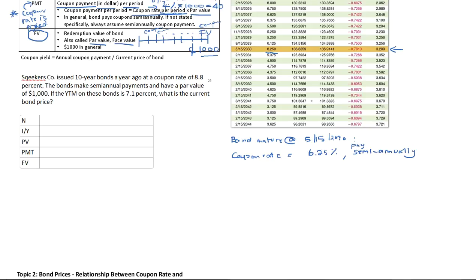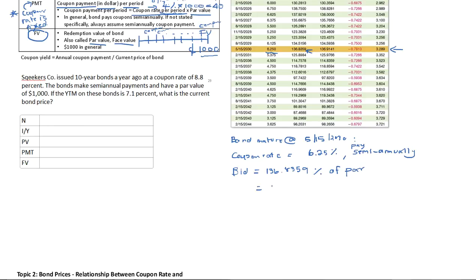Okay, and next here, this is the bid price. So bid equals 136.8359, and this is the percent of par.